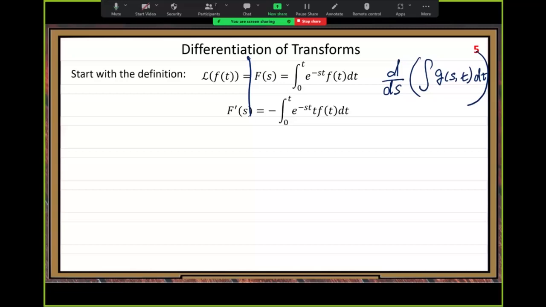When you take derivatives, there is some strict condition. Sometimes it doesn't work, sometimes it works. Under certain conditions, you can do the derivative inside the integral.